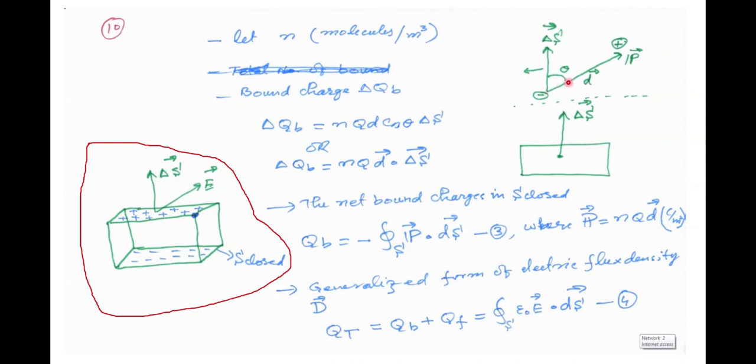The polarization basically makes an angle theta with respect to the incremental surface or elemental surface of the closed surface.